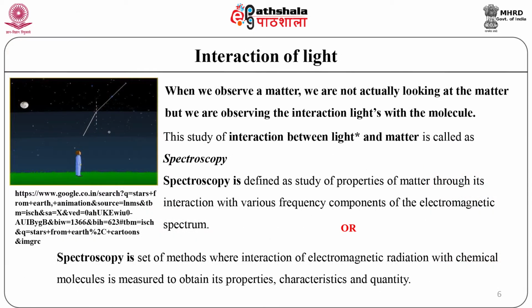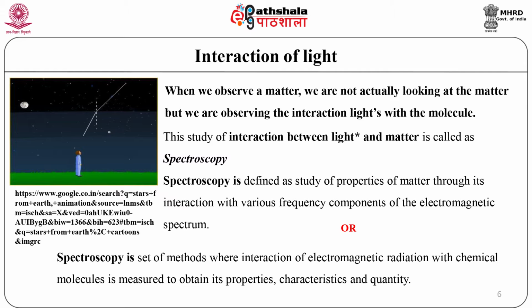When we are looking at matter, we are not actually looking at the matter, but we are observing the interaction of light with molecules. The study of interaction between light and matter is called spectroscopy. Spectroscopy is defined as the study of properties of matter through its interaction with various frequency components of the electromagnetic spectrum.